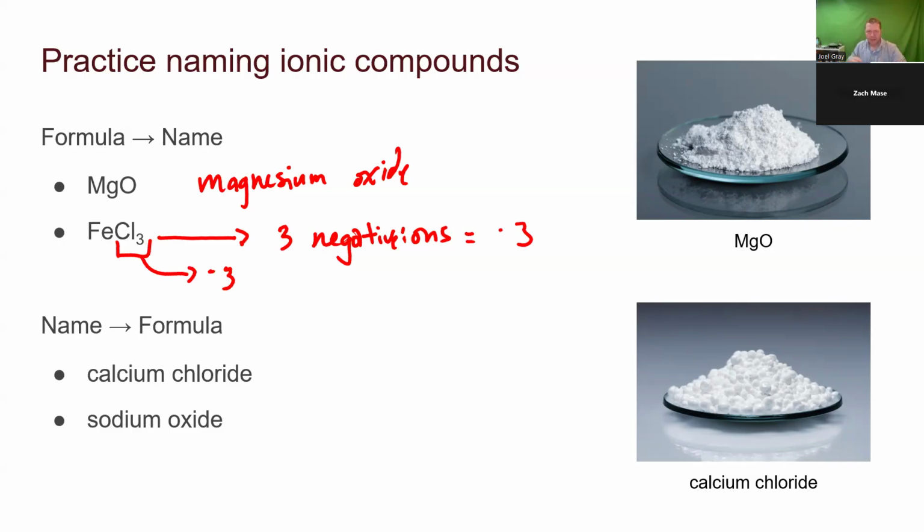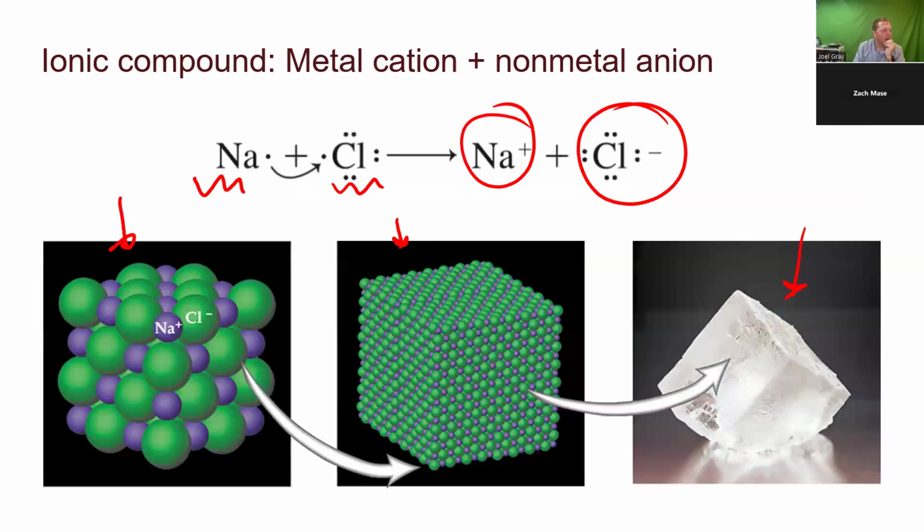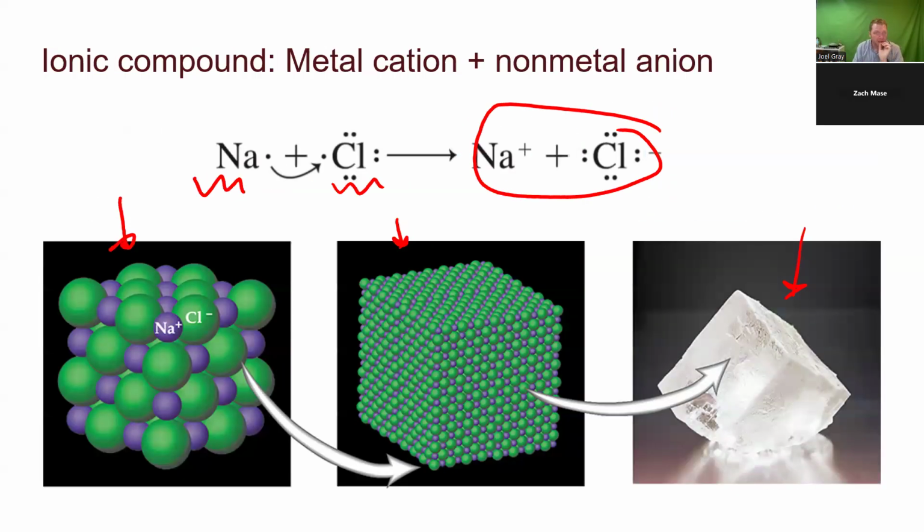Now, the next part, I got to jump back for a second. This combination right here is an ionic compound. Do each of these individual things have negative and positive charges respectively? Are they both ions that come together to form something? Yes, they are. So collectively, if you write NaCl, sodium chloride, you're going to write it like this.